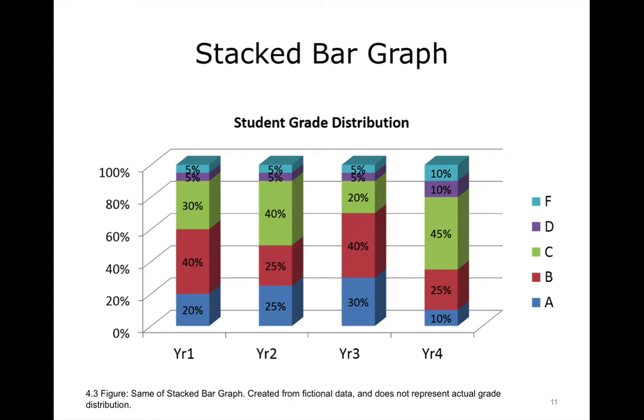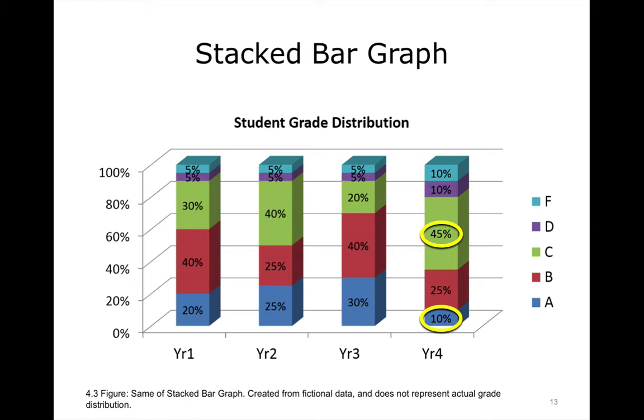The stacked bar graph that we see here is also false data, and you can see we are looking at student grade distribution. So stacked bar graphs are nice, and we will see another example of this. Between year 1, year 2, and year 3, you can see your A's were steadily increasing.